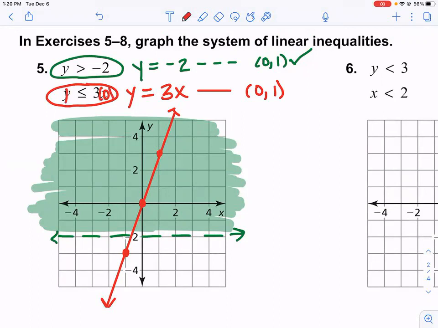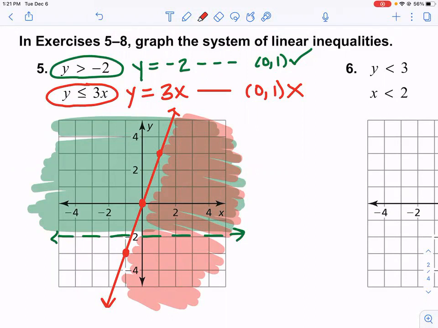Is 1 less than or equal to 0? Which way do we shade? I don't want to shade 0, 1, so I'm going to shade this way.